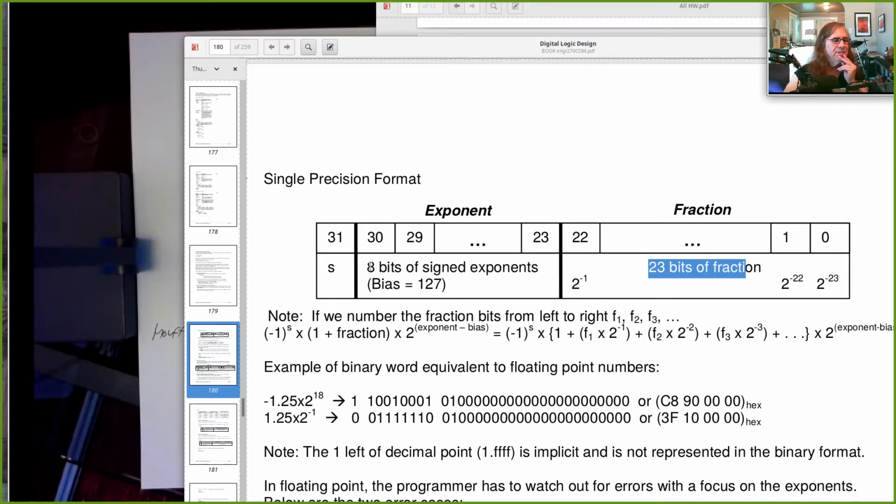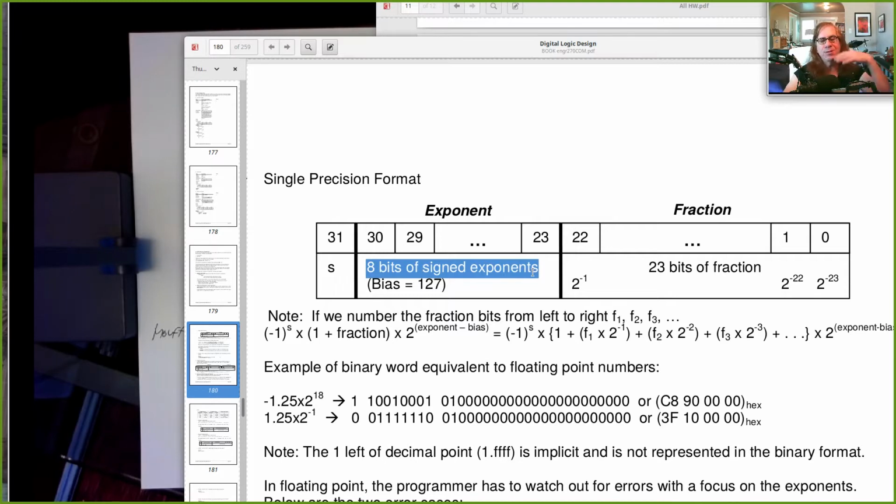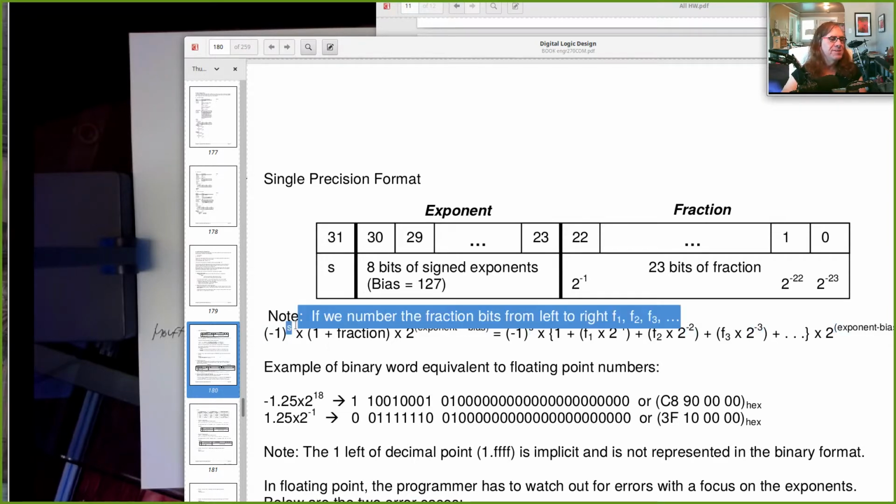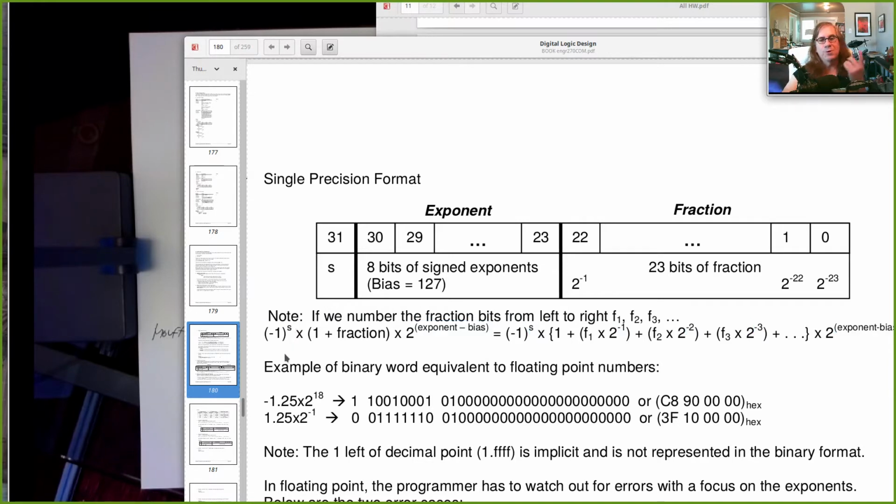And then the next 8 bits represent the exponent, but it's a biased exponent. So it's not the actual exponent, it's the exponent plus 127. And then this leftmost bit, the most significant bit, is your sign bit. If you wanted to write a formula to describe what your number is in terms of these three pieces, it would be negative 1 to the s. That's just a trick, because if s is 0, negative 1 to the 0 is 1, which is positive.